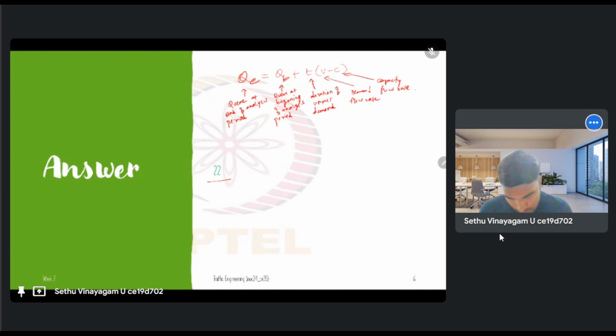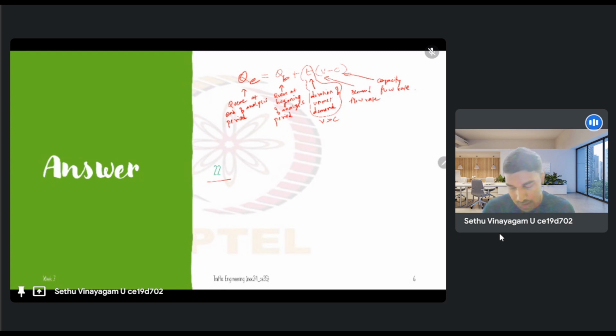T is not your total analysis duration, but the duration where we have unmet demand. So what is unmet demand? Where V was greater than C. When V is greater than C, we have some demand which is not served.